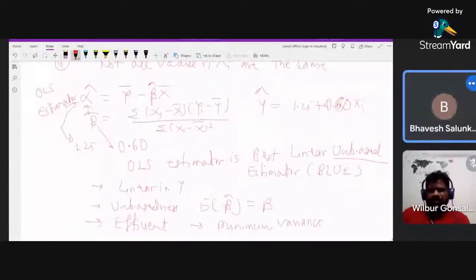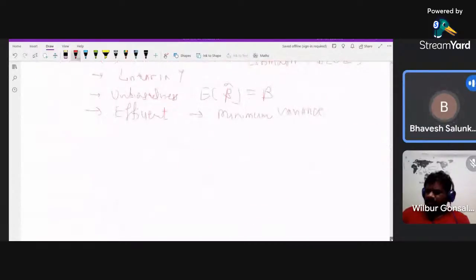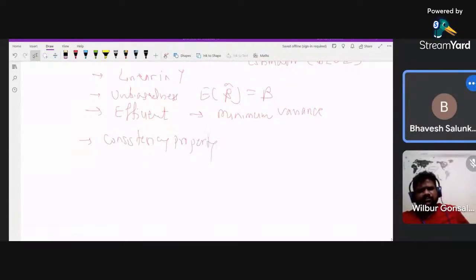Okay. It has minimum variance. So this property, and there is one more property along with this, is called the consistency property of the OLS estimator. So all these are the properties of the OLS estimator.